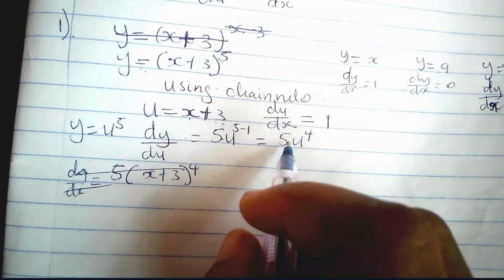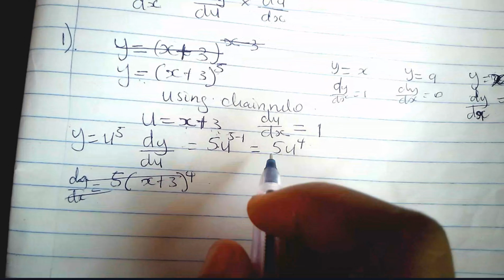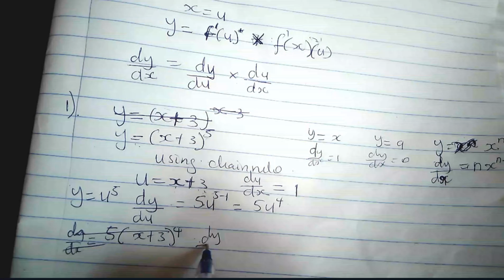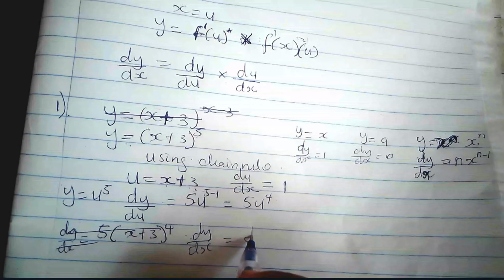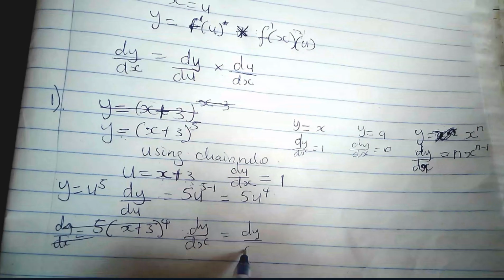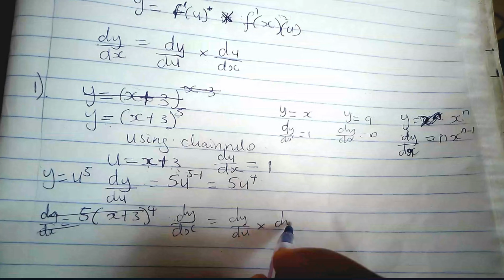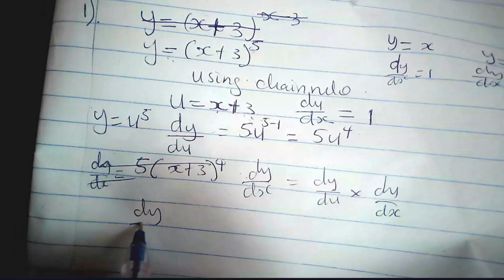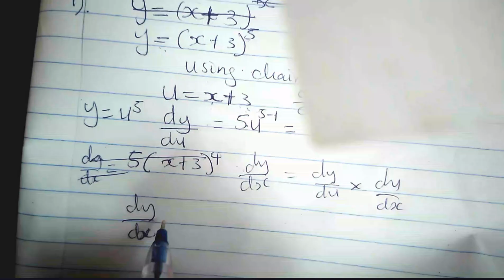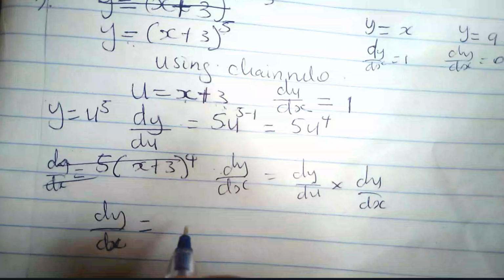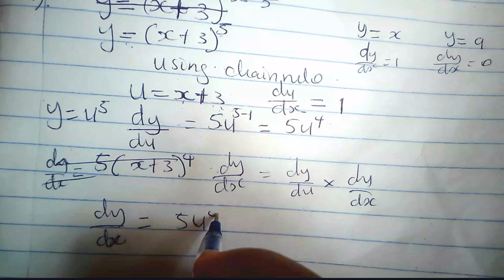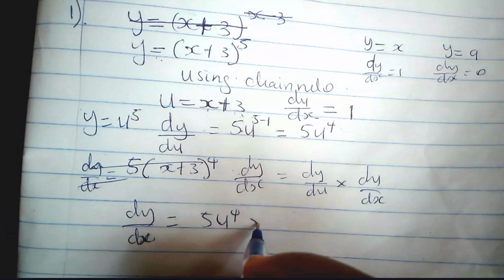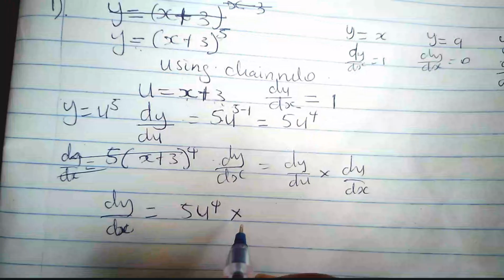So what are we going to do now? Our answer is going to be, like I said, the chain rule. dy/dx is equal to dy/du multiplied by du/dx. dy/du is 5 times u raised to power 4, multiplied by du/dx, which is 1.